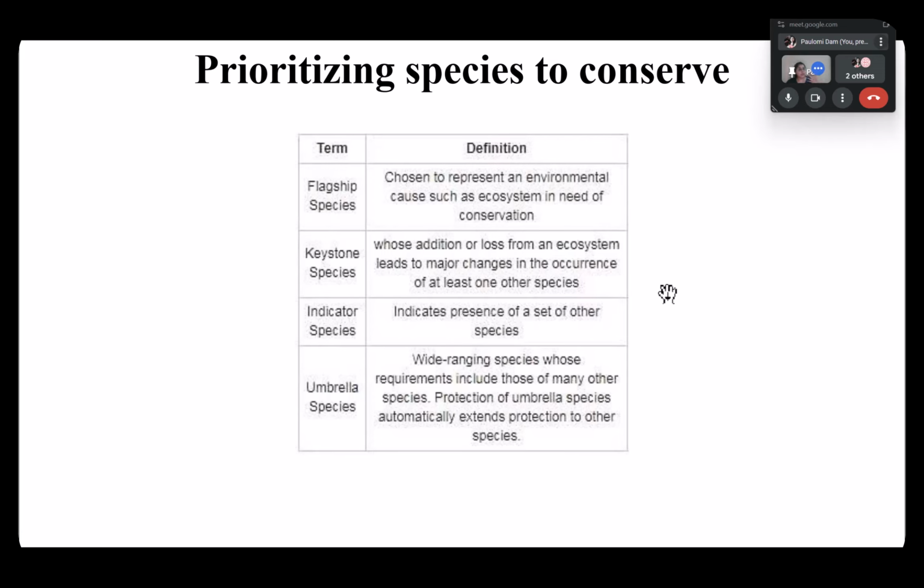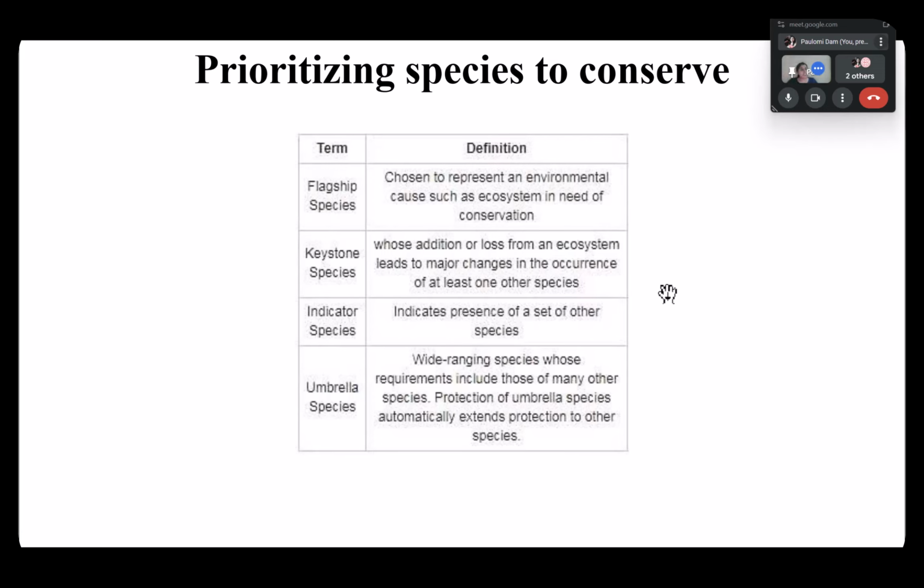Humans tend to feel, oh, these are very popular. So if you conserve those animals, then you have more chance of humans understanding the need for conservation. In contrast, if you take an animal which is not really interesting to humans, those become a bit problematic to conserve because you don't have as much public interest in them.